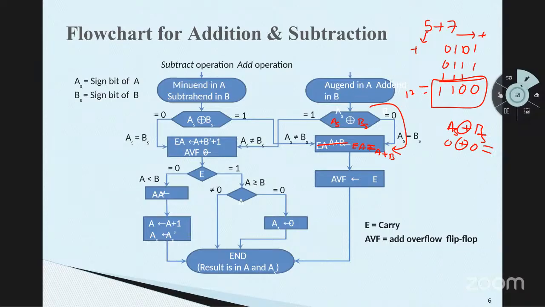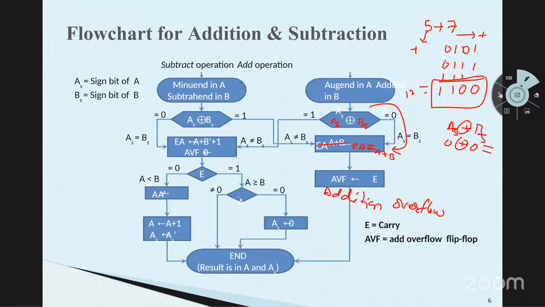AVF means addition overflow. When does addition overflow happen? 99 plus 2, how much? 99 plus 06 is 105. 99, how many digits does it have? 2. 06, how many digits? 2 digits.